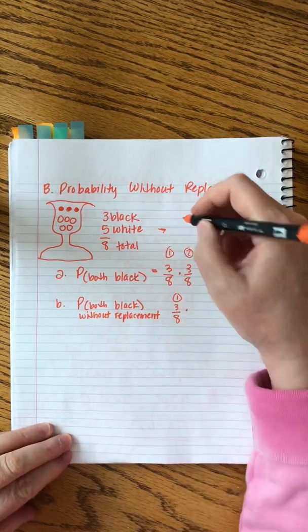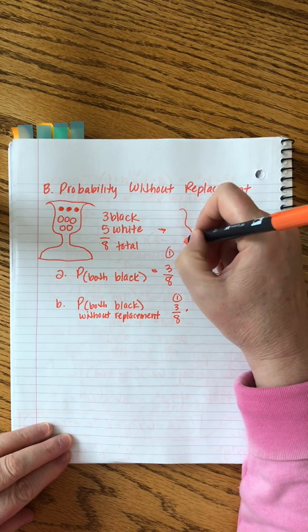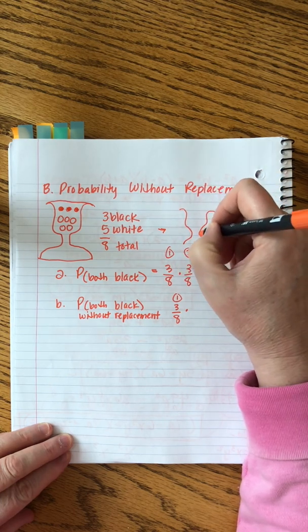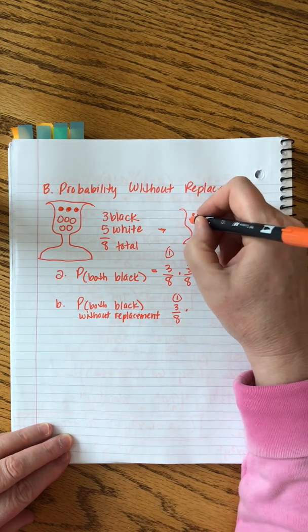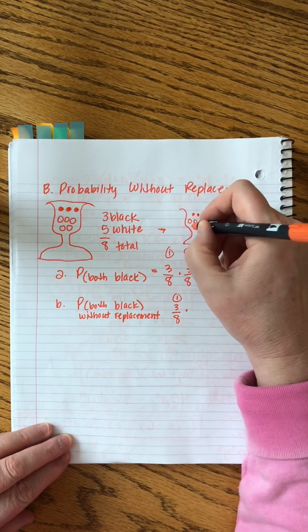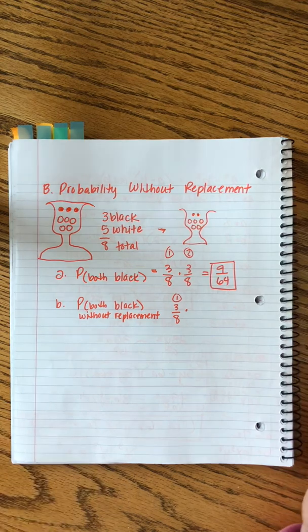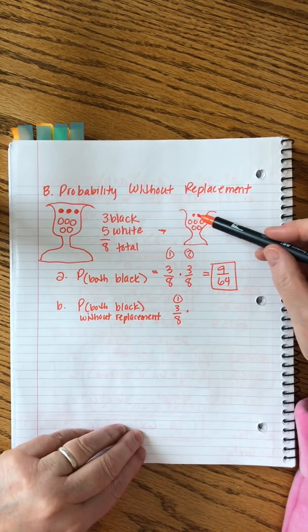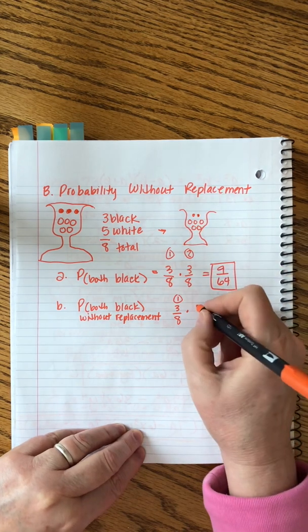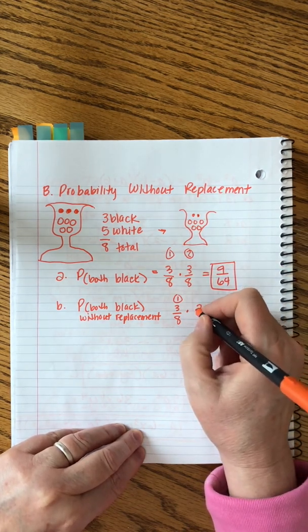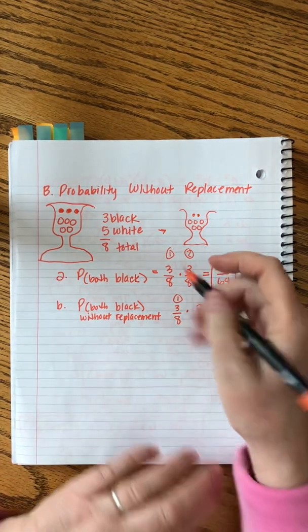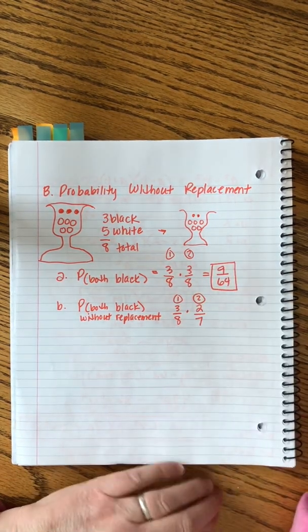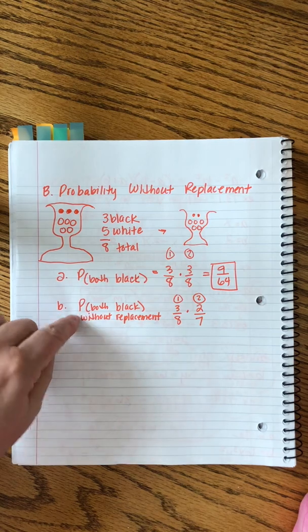So now our urn looks different. I don't mean the urn technically, but what's inside of it. Now we have 2 black marbles inside, because we're assuming that the first one we took out was black. So now we have 2 out of 7 on our second go, because we did not replace the first one.